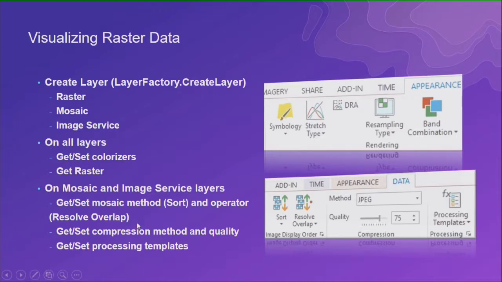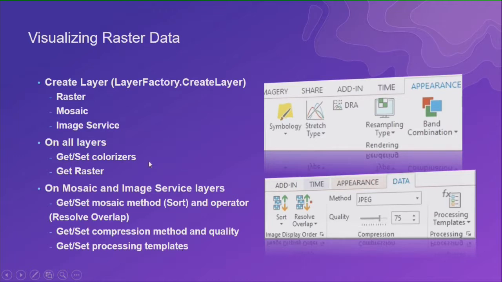You also have the ability to get and set compression method and quality, and that makes a big difference when you're working with image service layers and transmitting a lot of data. Last but not least, we have the ability to get and set processing templates. So both mosaic datasets and image services have the ability to carry along processing templates, which allow the user to process their result or output in different ways. And you can get and set these on both mosaics and image service layers as well.